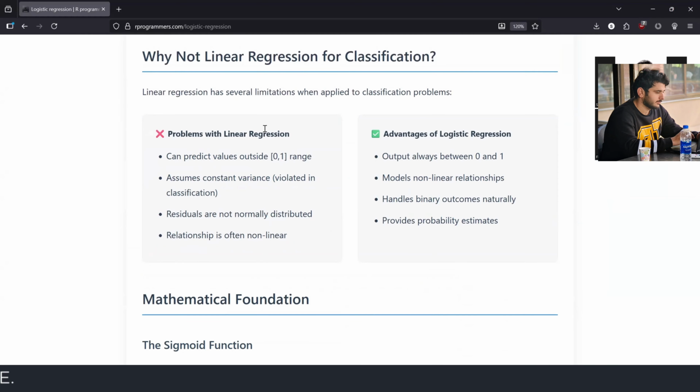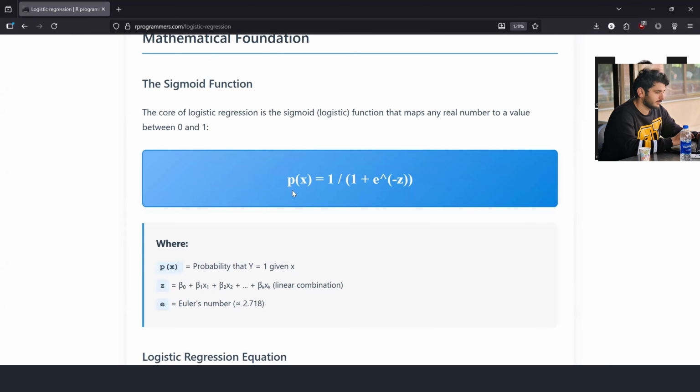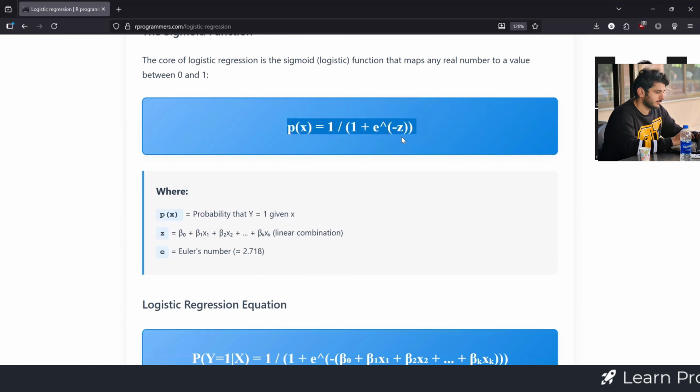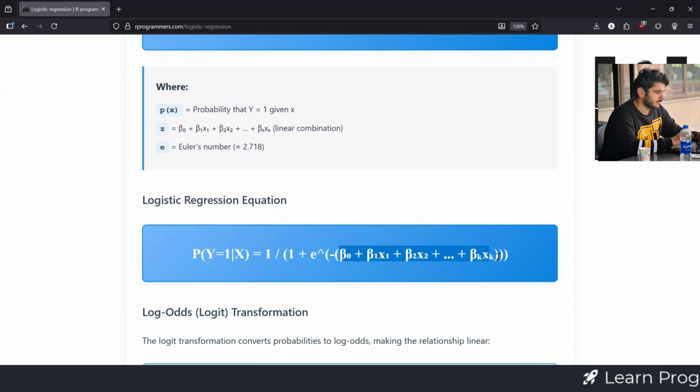Now, there's a little bit of comparison between linear regression and logistic regression. In linear regression we cannot get the values between 0 and 1. That's why we need something like logistic regression for classification problems, right? This is the formula, also known as the sigmoid function. Here Z is the linear combination, like beta naught plus beta 1 x1 plus beta 2 x2.